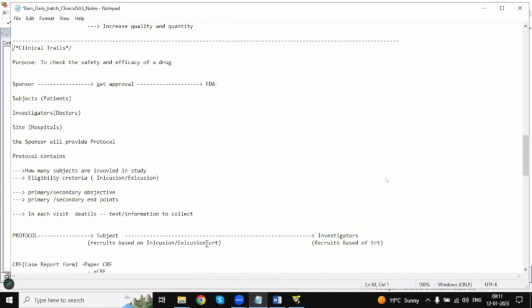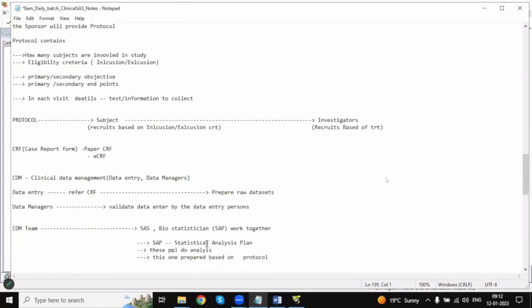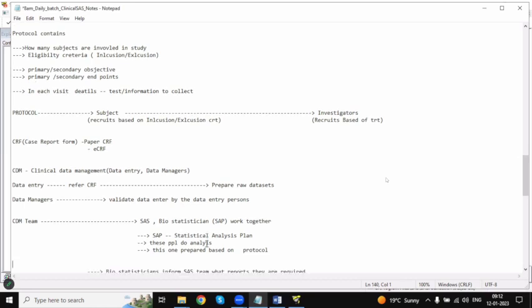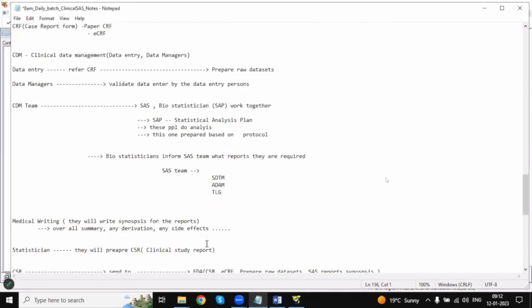First, it starts with the sponsor. The sponsor will give the protocol. Run the protocol. Subjects will be recruited and the investigator will be recruited and the process will start. Then for every subject, we maintain the CRF information. Next is the CDM team. The CDM team prepares the raw data sets by referring to the CRFs. Next is the SAS team.